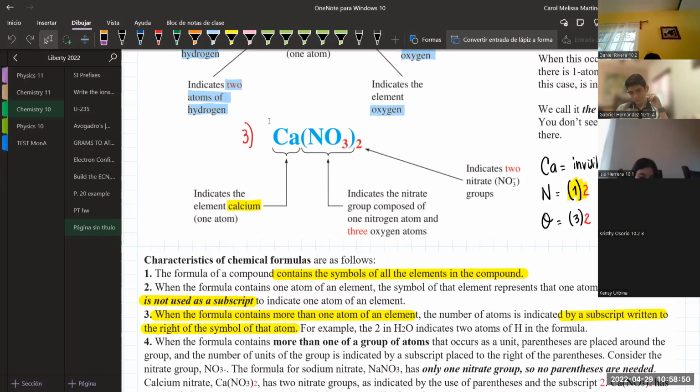For example, in water, the 2 indicates that we have 2 atoms of hydrogen in the formula. The number on the right belongs to the element before. So that 2 affects hydrogen, but it's not going to affect oxygen.